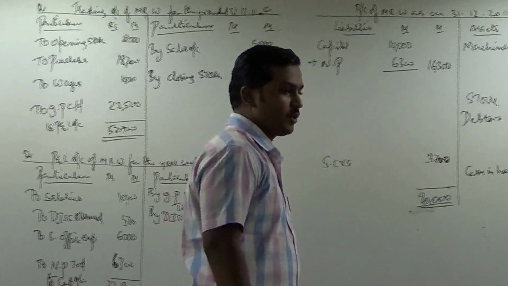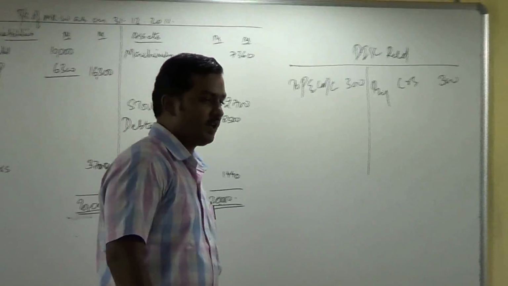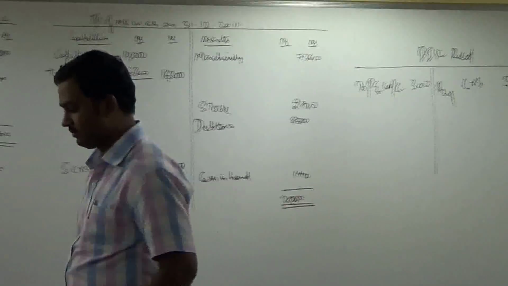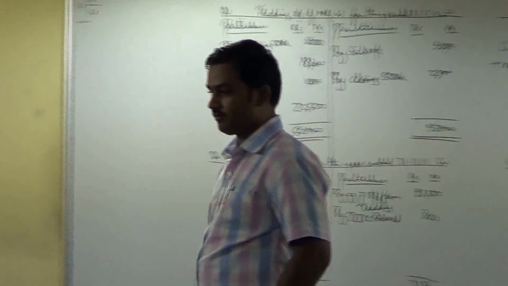You are given the following trial balance and some other information. Trial balance as on 31st March 2011 is given to you. So let us start first of all preparing the trading account and the profit and loss account.